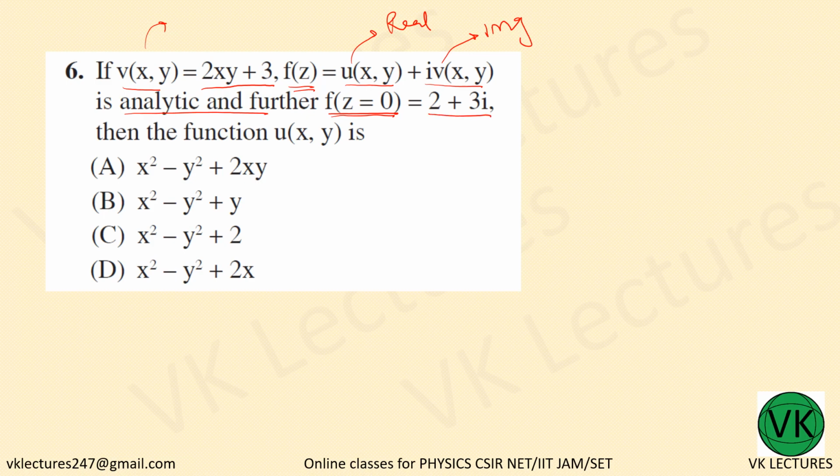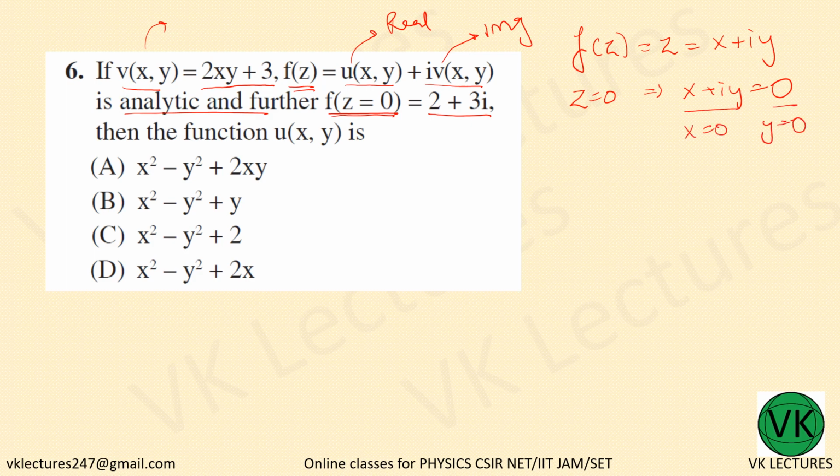So what do you mean by f of z? z is nothing but x plus iy. So z equal to 0 means x plus iy equal to 0. If x plus iy has to be 0, then x is equal to 0 and y equal to 0.